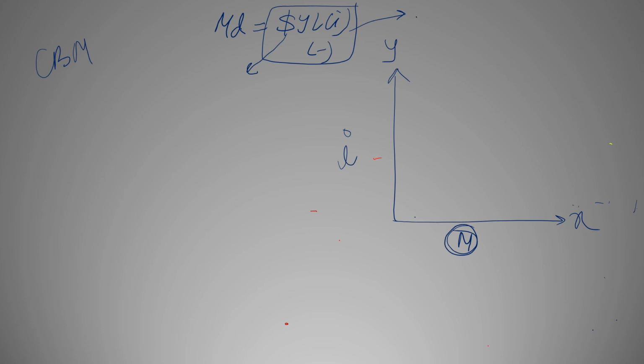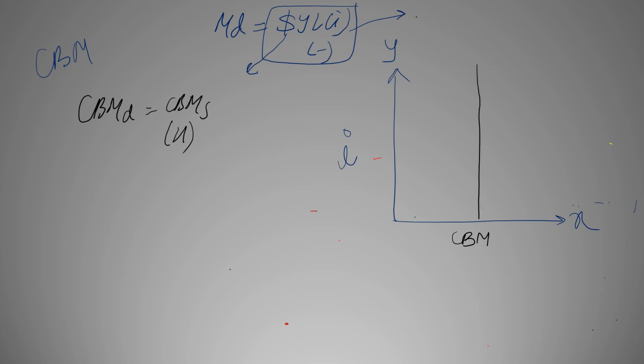So the interest rate that we were talking about was for CBM. Similarly, the supply or demand are of CBM. So the x-axis will consist of CBM. Now, CBMD is equal to CBMS, which was equal to H. H is going to be a vertical straight line because it is basically totally in control of the central bank and has no determinant.